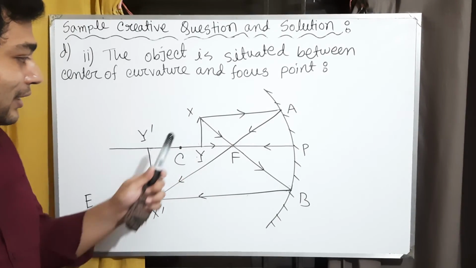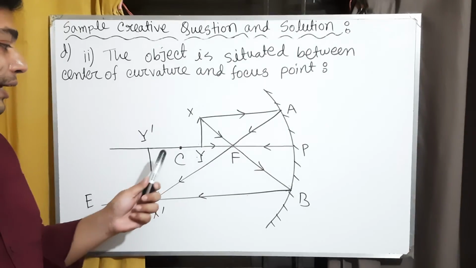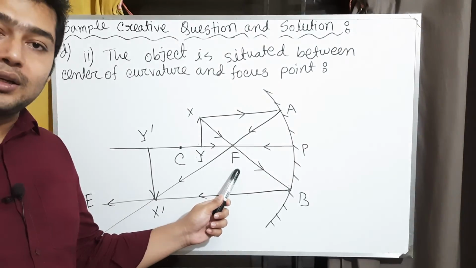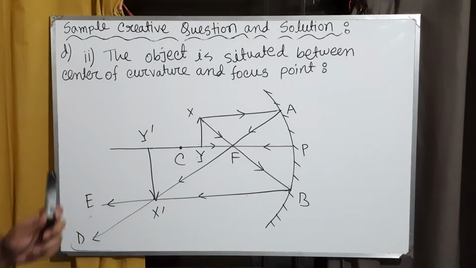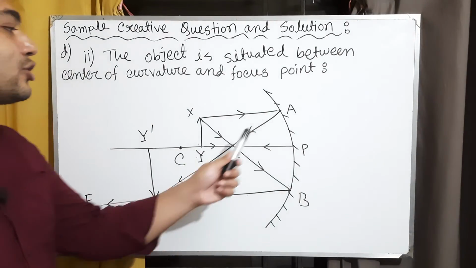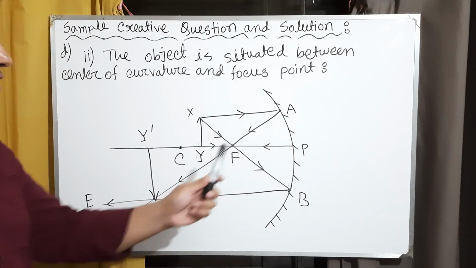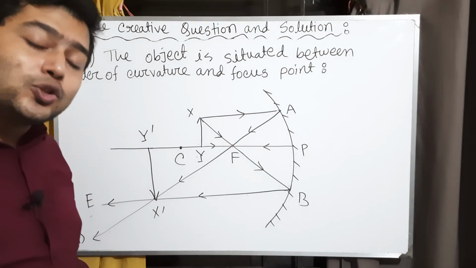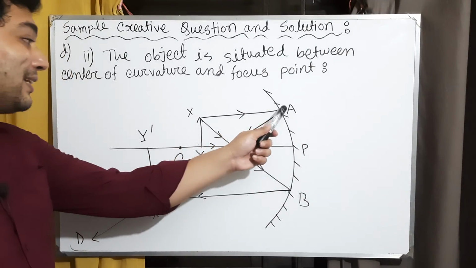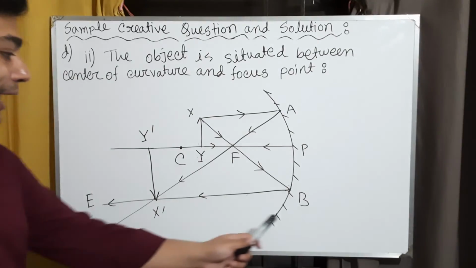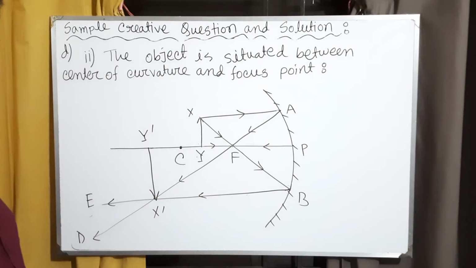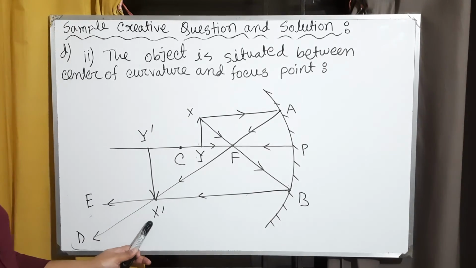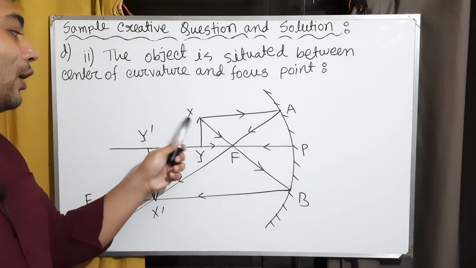According to the ray diagram, AD and BE are our two reflected rays. These two reflected rays meet at a point X prime, so X prime will be a real image of X.